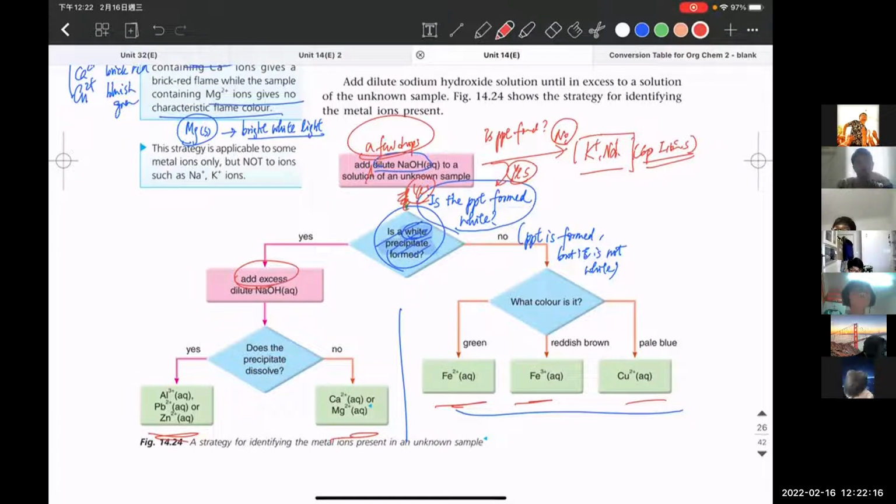So if you use adding an alkali as the first step of the experiment, there must be two ways to think: one is that the PPT forms or does not form, or no PPT. Only by having this do you make the whole chart more comprehensive.